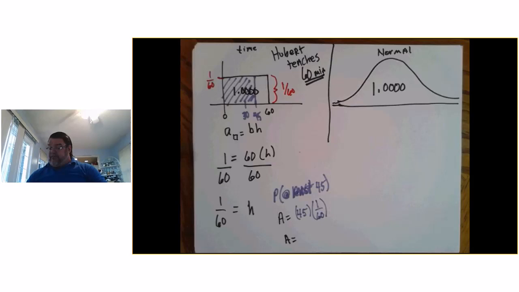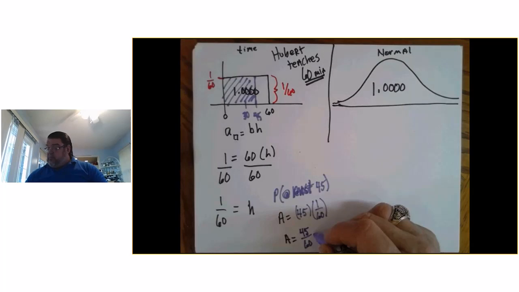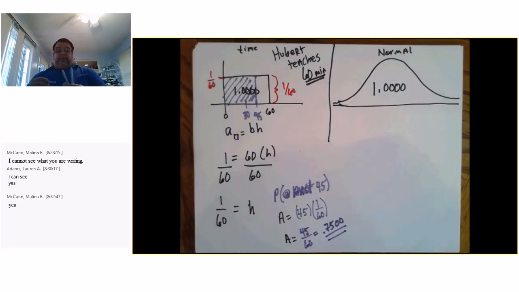Somebody do that for me on your calculator if you got a calculator. 45/60. That's equal to 9/12, which is 3/4. 0.75. Somebody check me. Yes, it is. Okay, thank you.